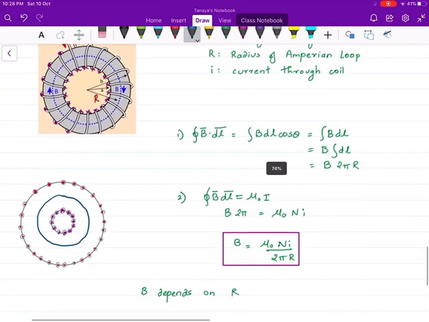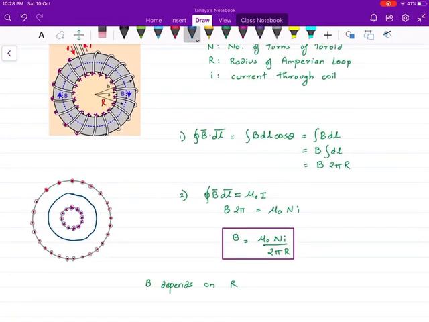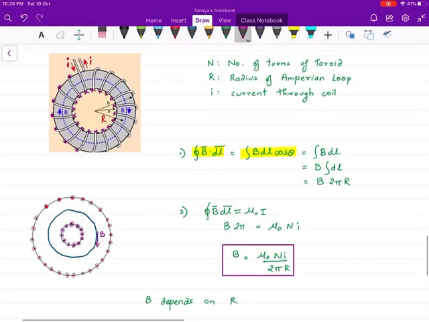What we have to do is first find the integral of B bar dot dl, that is equal to the integration of B dl cos theta. What is the direction of B? Again, the direction of B is like this, because it is acting like a solenoid.